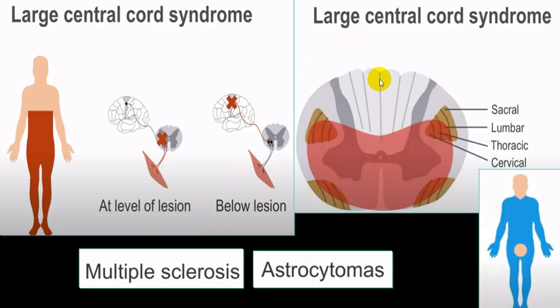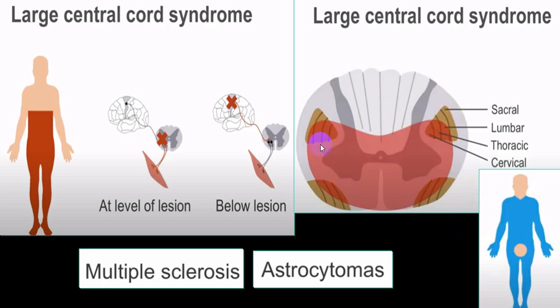Sparing of the posterior column will be quite common, where you will have sacral sparing because sacral fibers are the outermost fibers. So whenever you get sacral sparing, it is a central cord lesion.